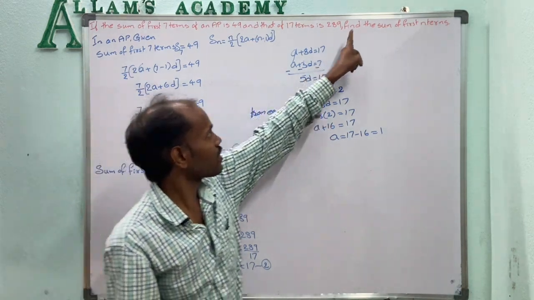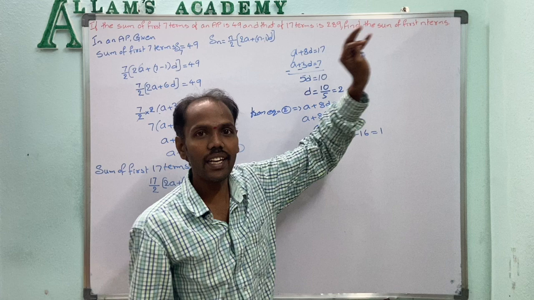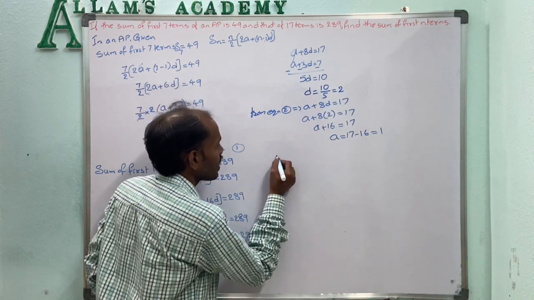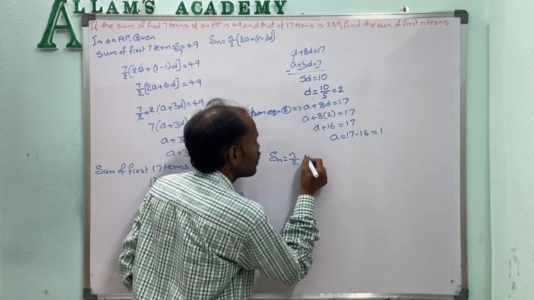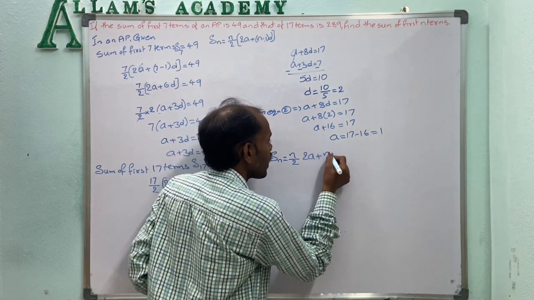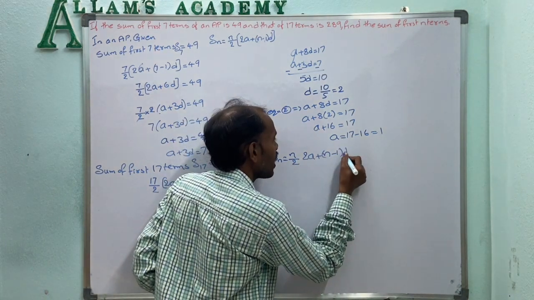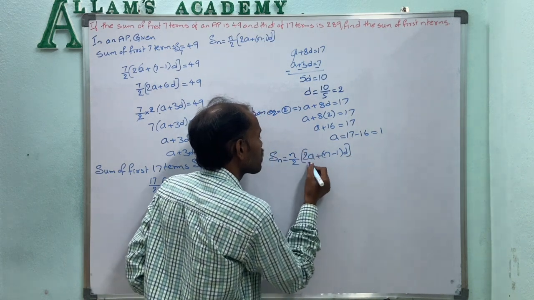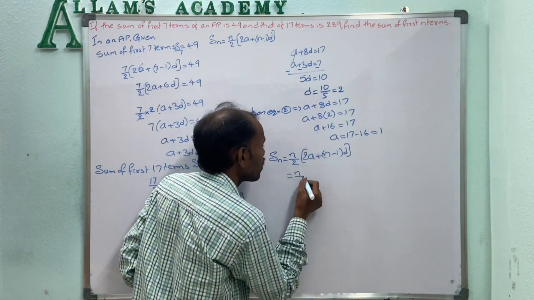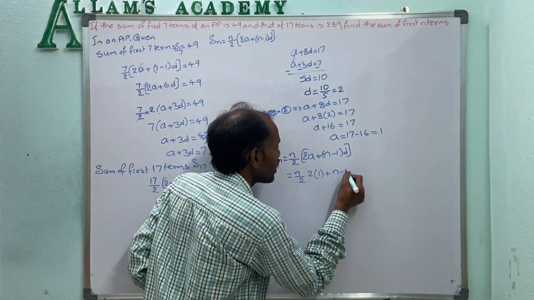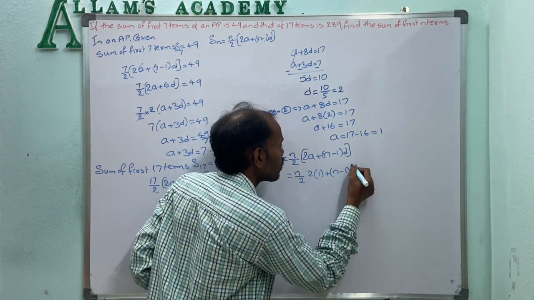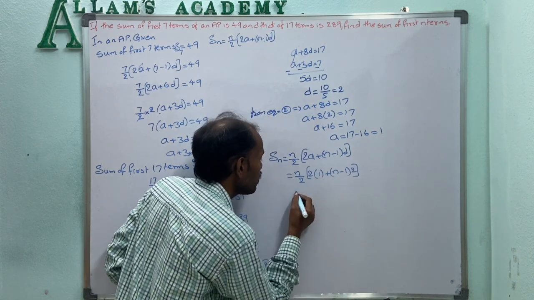Now here our task is to find the sum of first n terms. So the sum of first n terms, Sn, is equal to n by 2 into 2a plus n minus 1 into d. So here, substituting a value 1 and d value 2: n by 2 into 2 into 1 plus n minus 1 into d value 2. So 2 ones are 2.